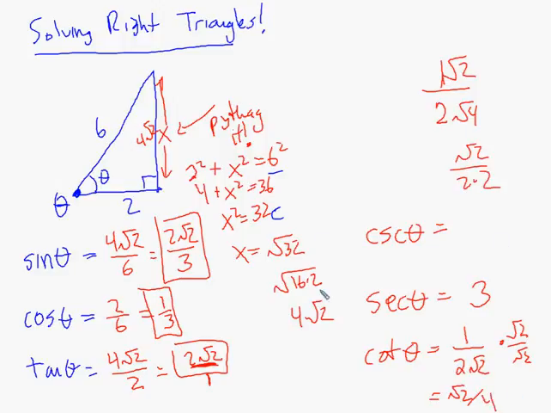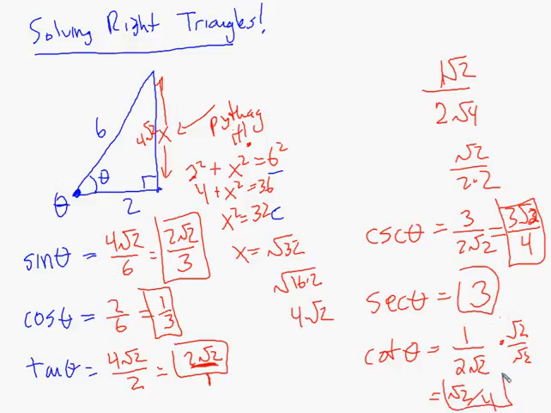So that's a 4. And then right here, we'll flip this one, and that's going to be 3 over 2 root 2. And again, we need to rationalize, and we'll get 3 root 2 over 4 for the same reason. Okay, so those are our final answers for that.